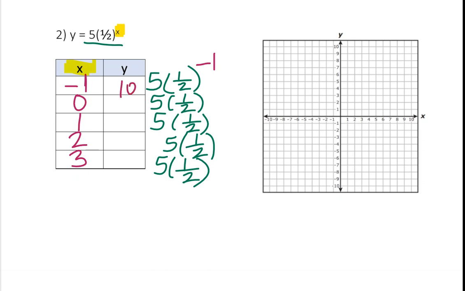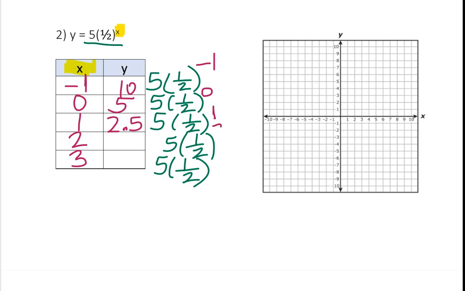The next one, I have an x value of 0. So when my exponent is 0 here, my y value is 5. My next exponent is 1. And whenever I have an exponent of 1, my y value is 5/2 or 2.5. So it's either 5 over 2 as a fraction or 2.5 as a decimal.